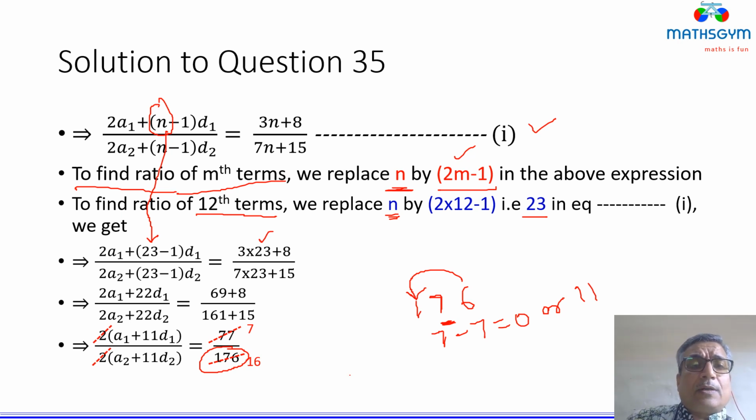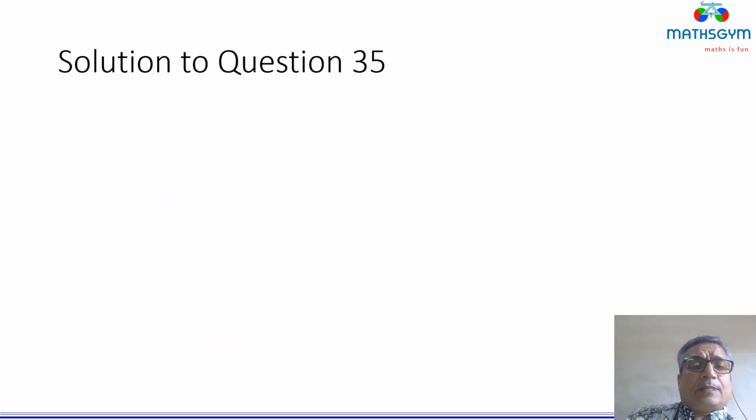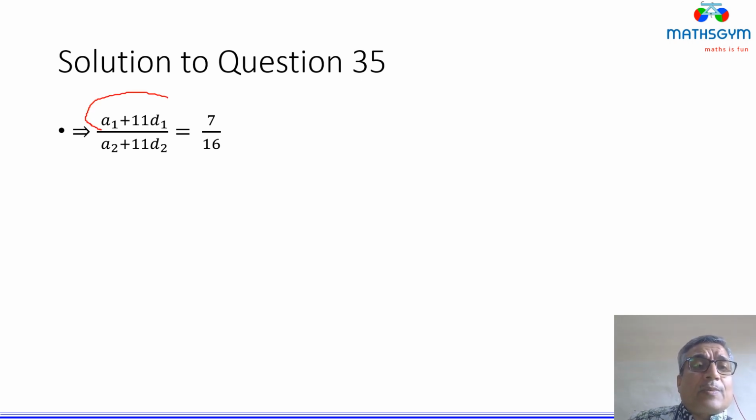Now we have got the ratio on the left hand side, a1 plus 11d1 upon a2 plus 11d2, as 7 by 16. Do you realize what this expression a1 plus 11d1 is? This is nothing but a1 plus 12 minus 1 into d1.